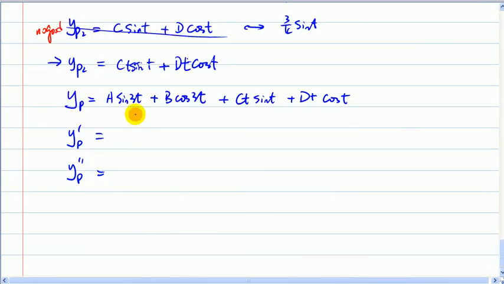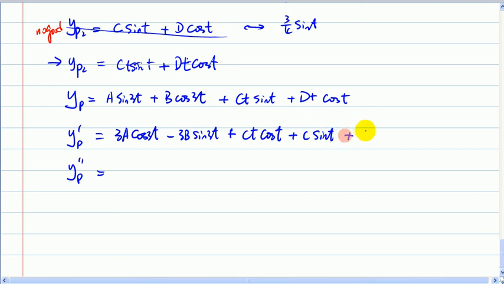Let's calculate yp prime here: 3A cosine 3t minus 3B sine 3t, plus, well, we have the product rule for this one: ct cosine t plus c sine t, and then dt sine t with a negative, plus d cosine t.